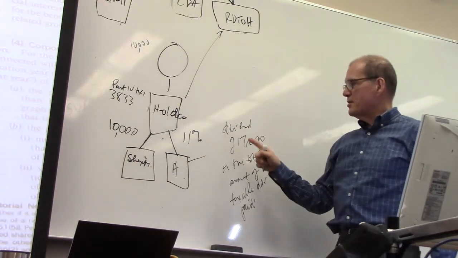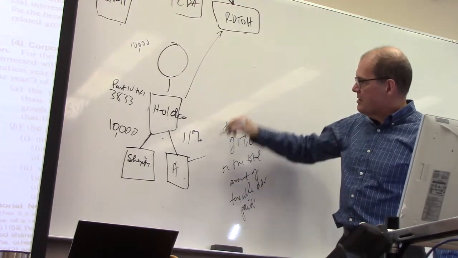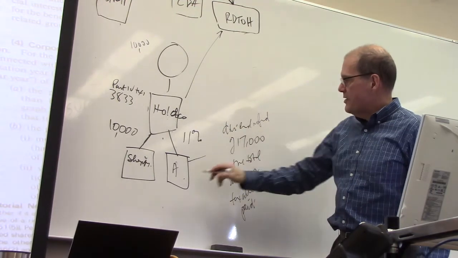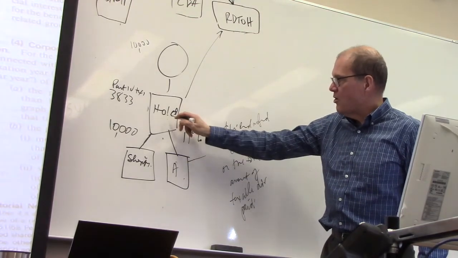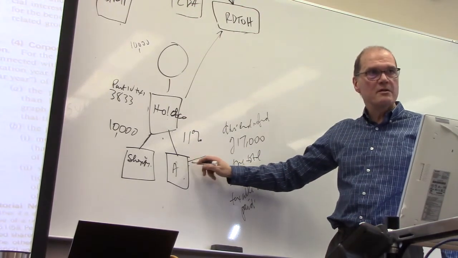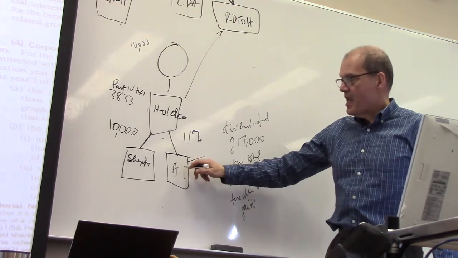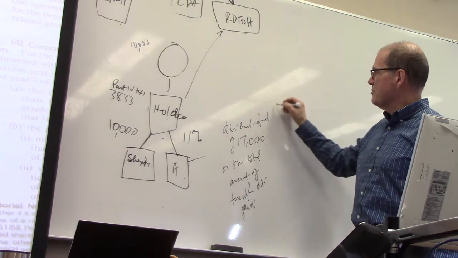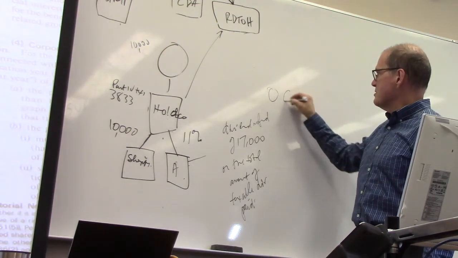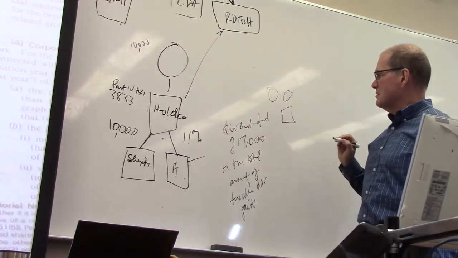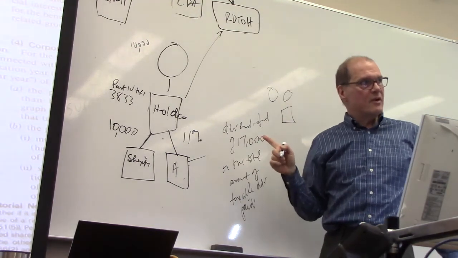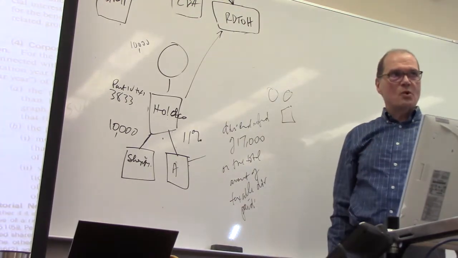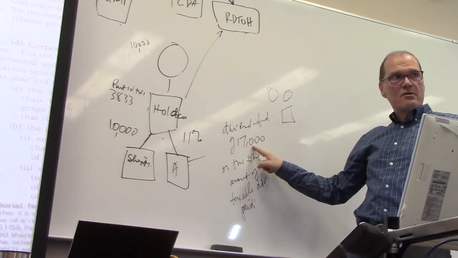I'm going to read this to you. This company paid Holdco a $10,000 dividend. A paid that dividend to Holdco, and also dividends to other shareholders who are out here someplace. Some are individuals, some are corporations, and the total dividend refund received by A on this total dividend is $17,000.